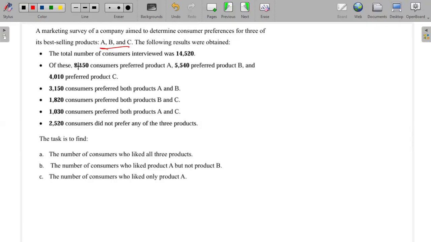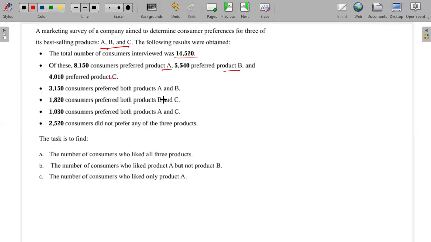The total number of consumers interviewed was 14,520. Of these, 8,150 consumers preferred product A, 5,540 consumers preferred product B, and 4,010 consumers preferred product C. Those that preferred both A and B were 3,150.